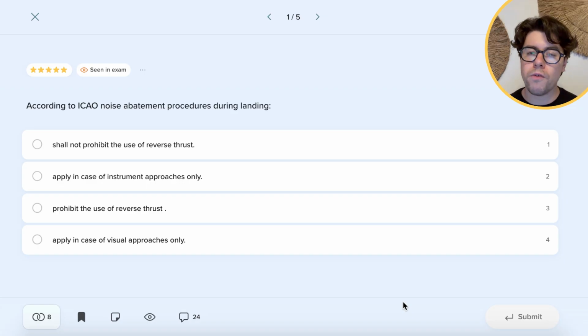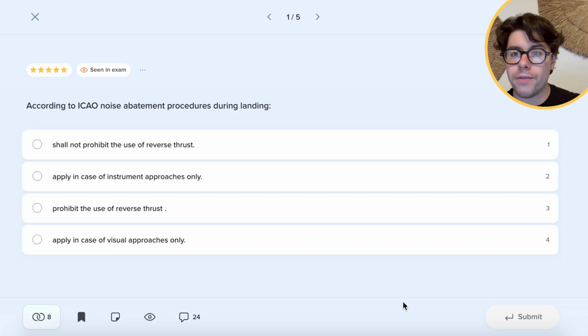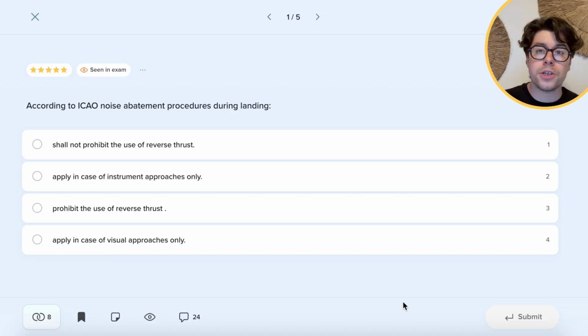Also remember that both of these procedures aim to do the same thing. Essentially, they regulate when you as a pilot should reduce the thrust from your flex or takeoff thrust to your climb thrust, and then when you should accelerate, meaning they regulate your thrust reduction altitude and your acceleration altitude.